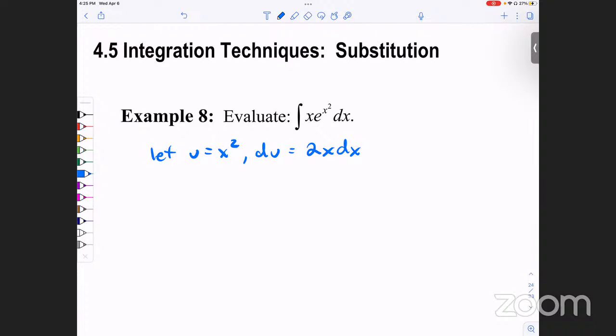It's x, so we can divide both sides by 2. So then we get half of du is going to be x dx. So in order to produce the x dx, we got to incorporate half du. E to the, so this is going to be what? E to the u.